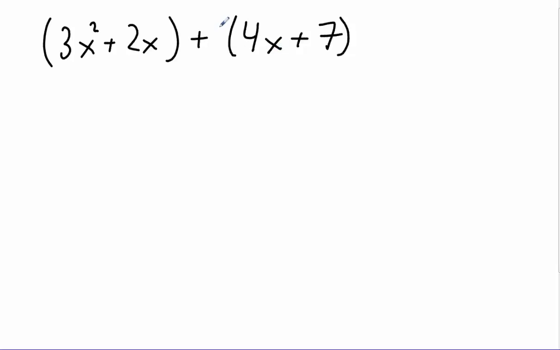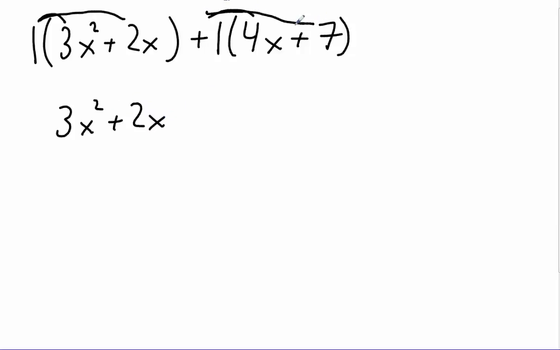Now if you notice, mathematically, the first thing we should do is distribute, since we have a positive one here and a positive one here. It's going to seem trivial for this example, but it makes sense in my next one, that you would distribute a positive one, but of course we all know when you multiply by a positive one, nothing happens. So you're left with 3x squared plus 2x. Distribute this positive one. We're left with 4x plus 7. Nothing happens.